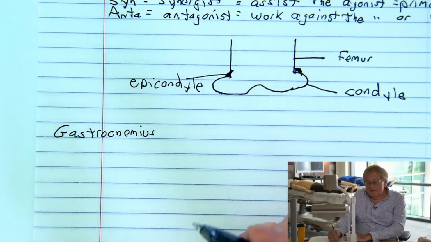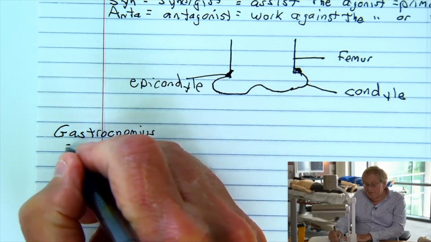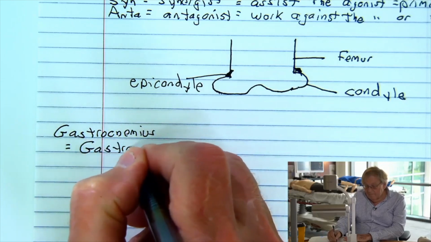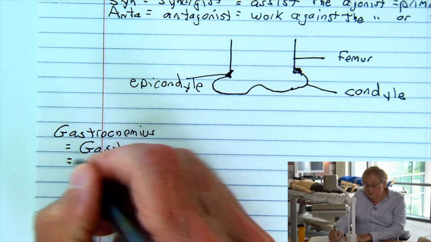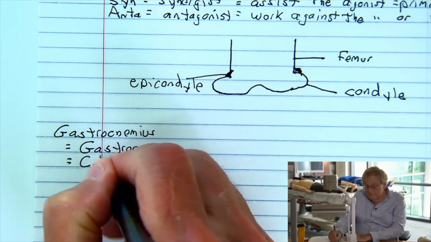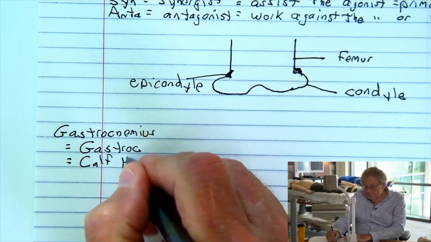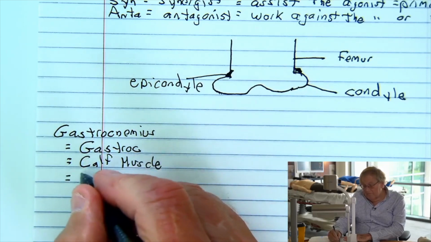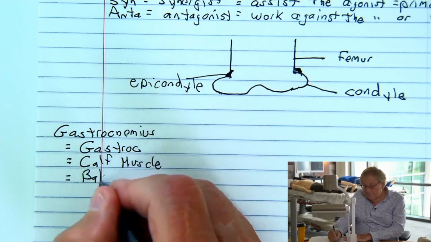And the gastrocnemius is often going to be called the gastroc. It's also going to be called the calf muscle. And oftentimes people say it's called the ballerina muscle.